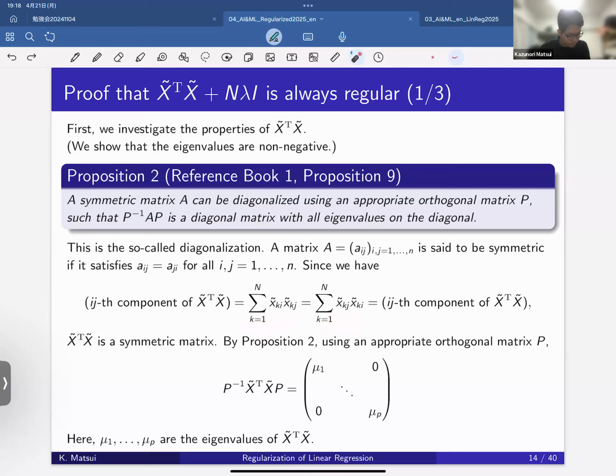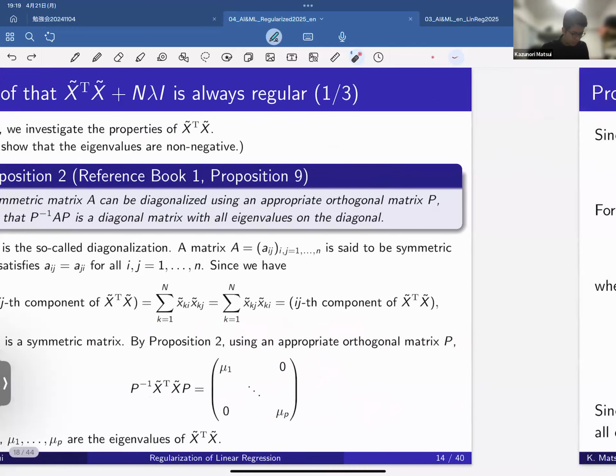Therefore, by this proposition, there exists an orthogonal matrix P, and we can diagonalize it using P. Here, mu 1 to mu p are the eigenvalues of x tilde transpose x tilde.